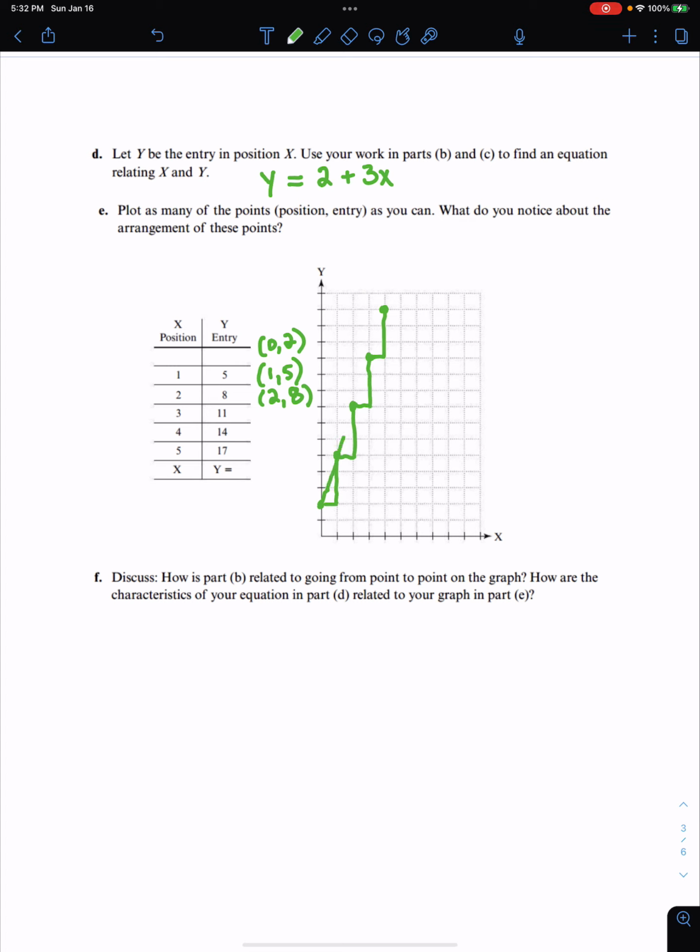This is our transition into linear equations. So when we're looking at an arithmetic sequence, we are actually looking at a constant rate of change that could be represented by a line on a graph.